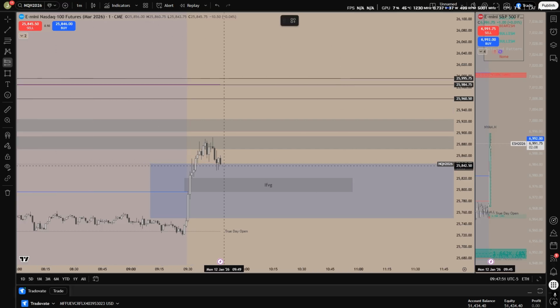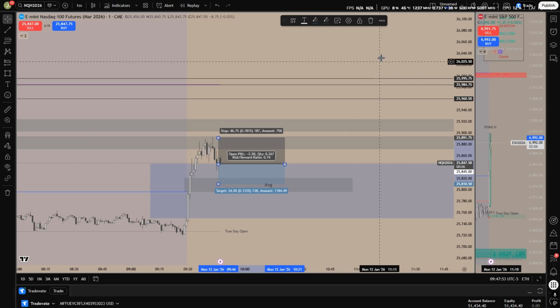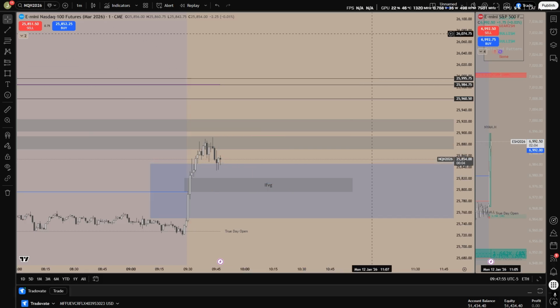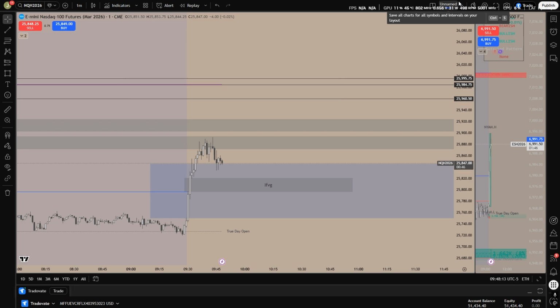Why is the market slower on Mondays? Because the banks haven't really opened their positions yet. It's the first business day of the week. What tends to happen is that the market makers want to see what price does on the Monday to help them predict how price will do throughout the rest of the week.